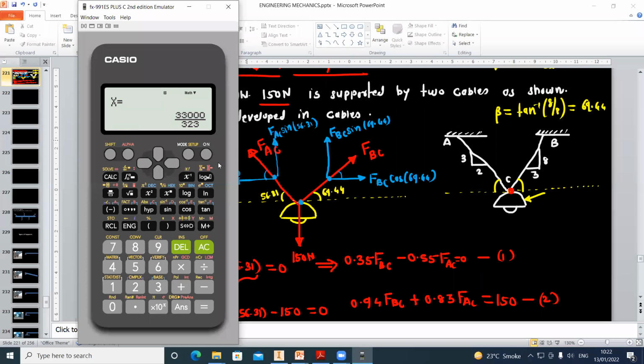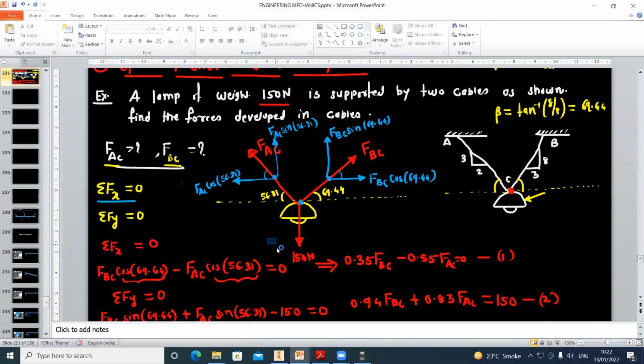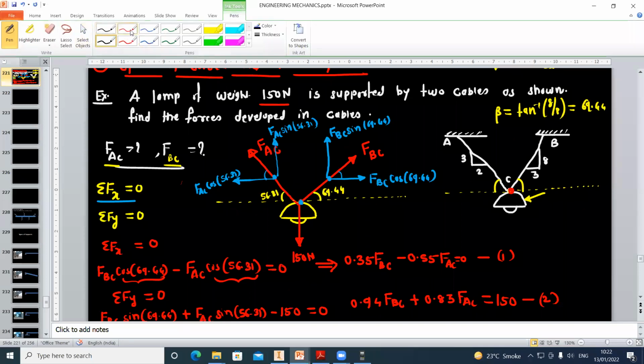So this value X is nothing but FBC. Okay, so your answer is 102.16. So FBC is 102.16 Newton.